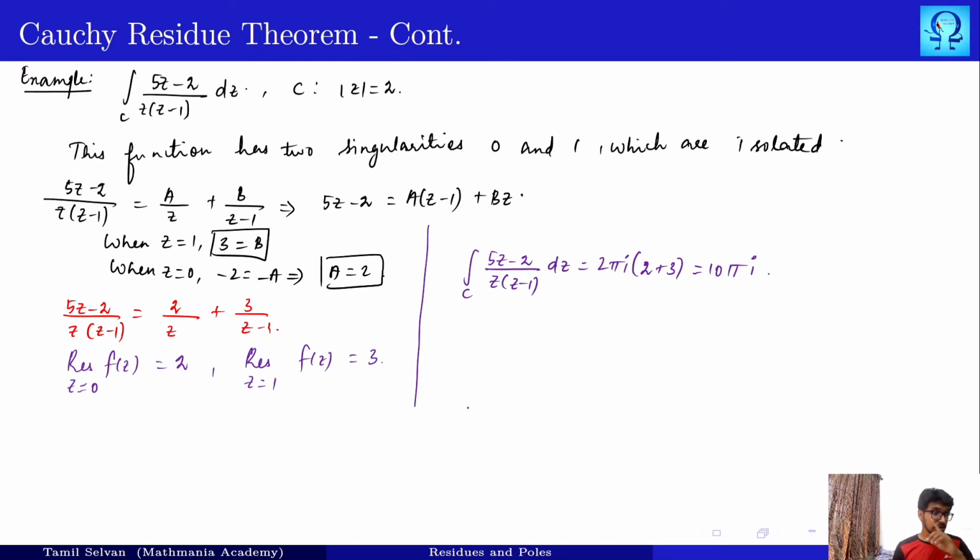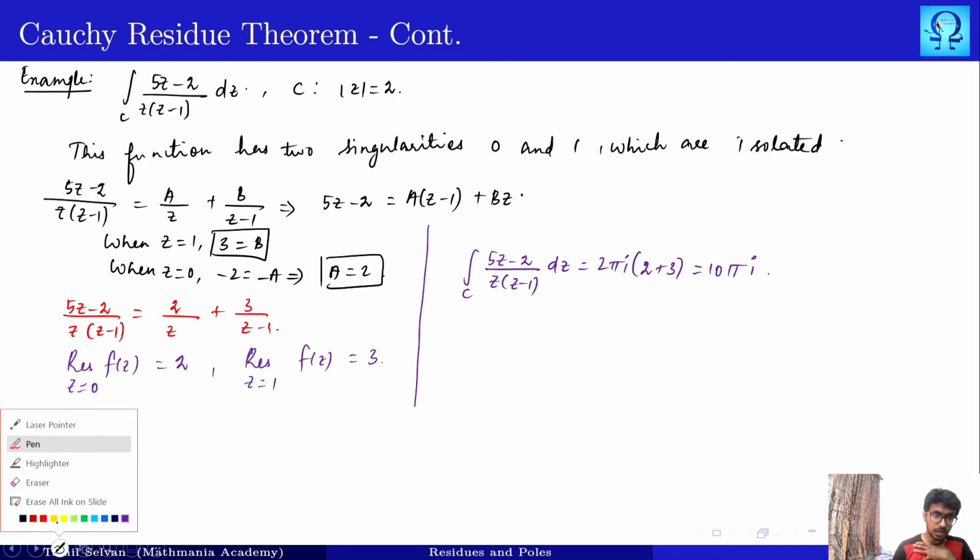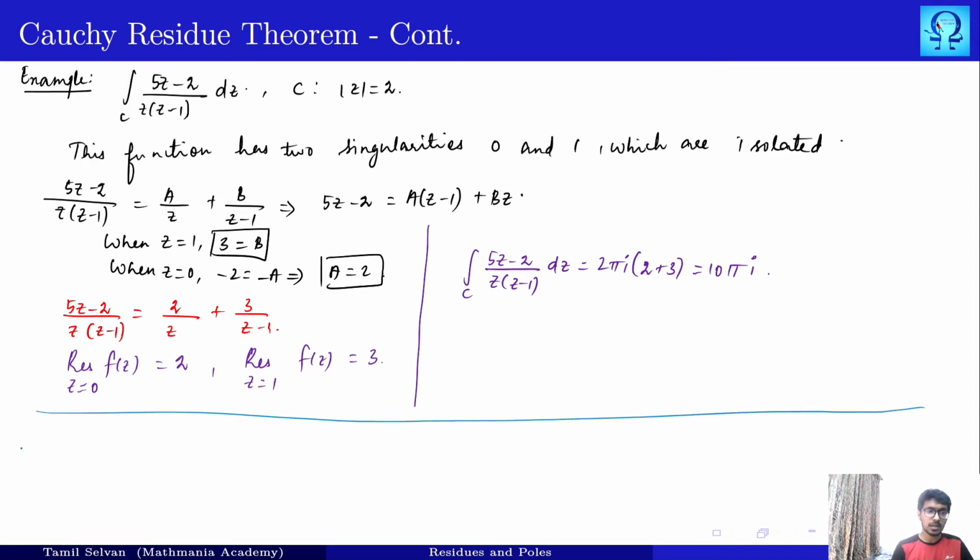Right? So this is one way of writing. Now let me tell you the other way. So the other way, let me do it in blue color. That is the alternate method. So here we have 5z minus 2 upon z multiplied with z minus 1.